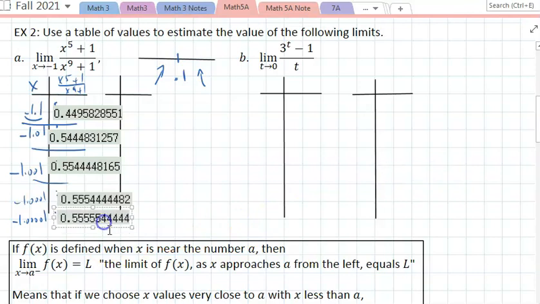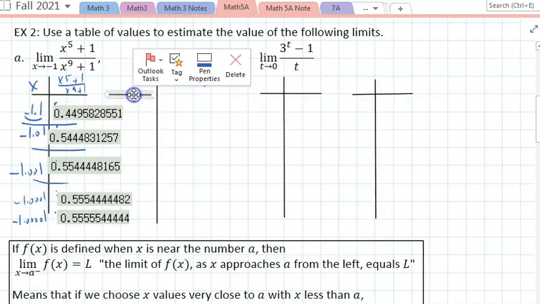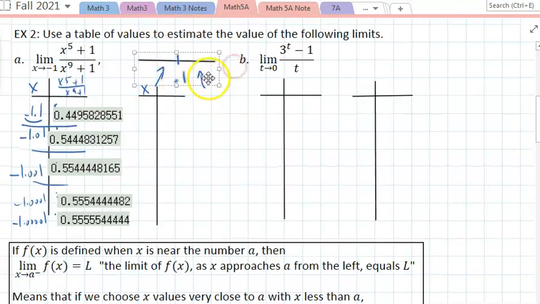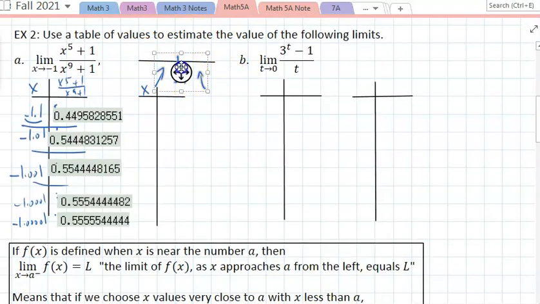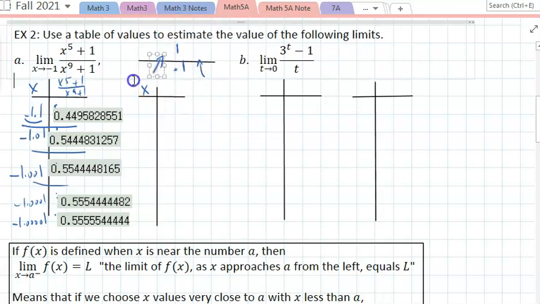Okay. So far I got that much. Now let me shift this a bit. X and x to the 5th plus 1 over x to the 9th plus 1.